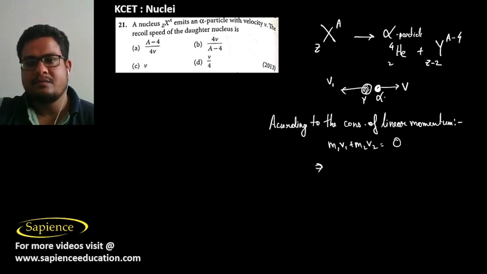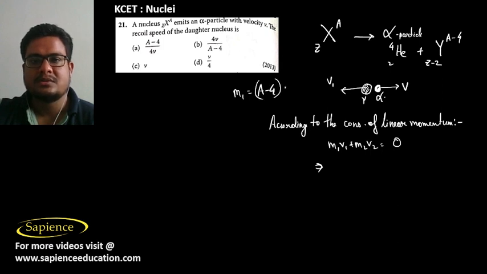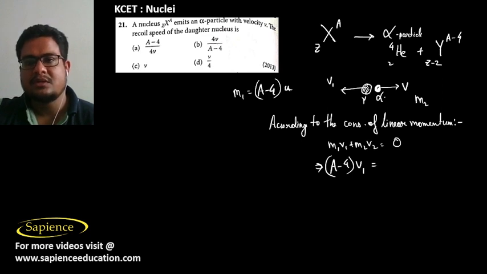So m1, the mass of the daughter nucleus, is A minus 4 times the atomic mass unit. Then I can write (A minus 4) into v1 equals minus m2 v2, where m2 is the mass of the alpha particle, 4, and v2 is v.